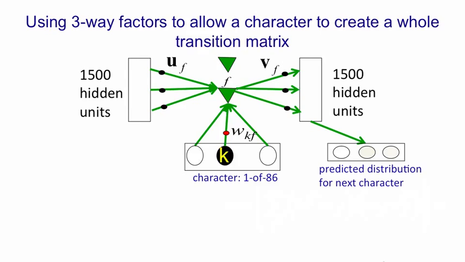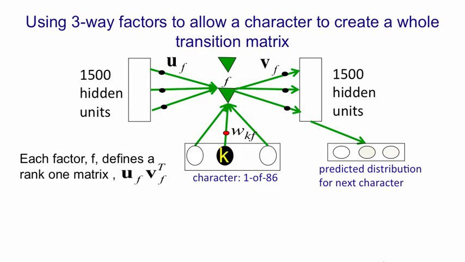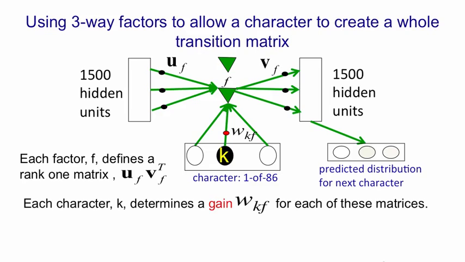And that weight from the current character k, which is called W_kf, is the gain that's used on the rank 1 matrix got by taking the outer product of u and v. So the character determines a gain, W_kf. You multiply the rank 1 matrix uv by that gain. You add together those scaled matrices for all the different factors, and that's your transition matrix.